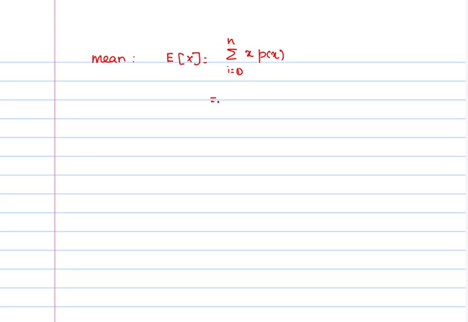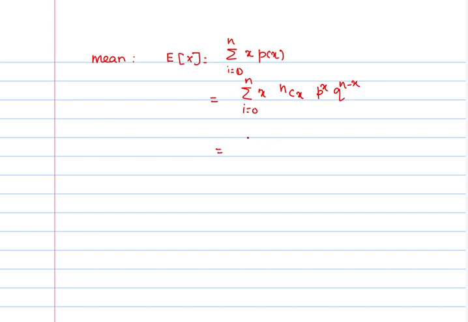So you get the summation, x equal to 0 to n, of x times nCx p power x times q power n minus x.